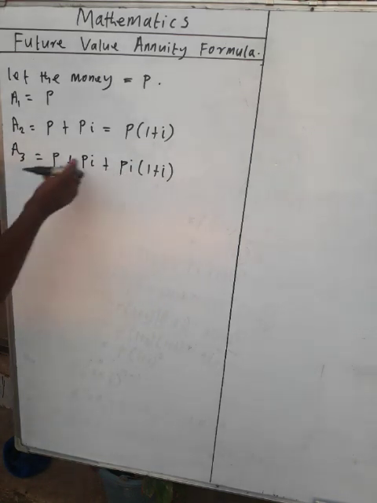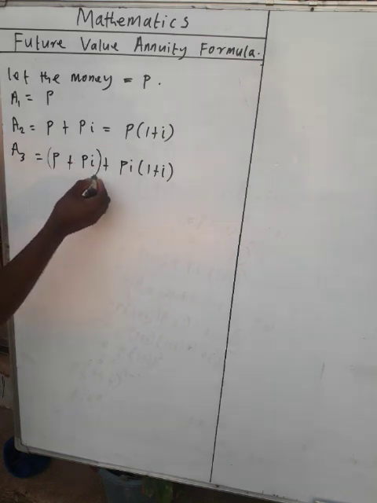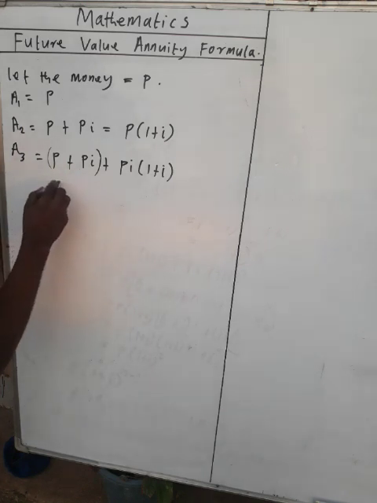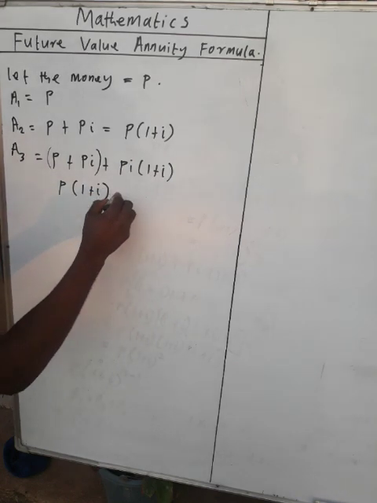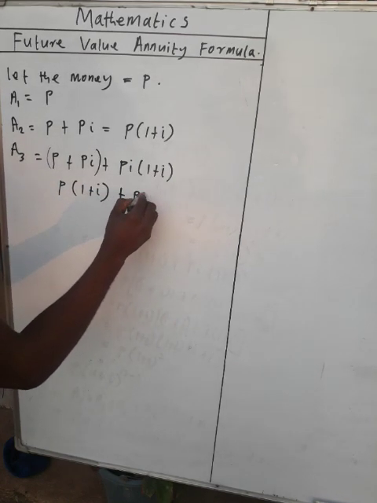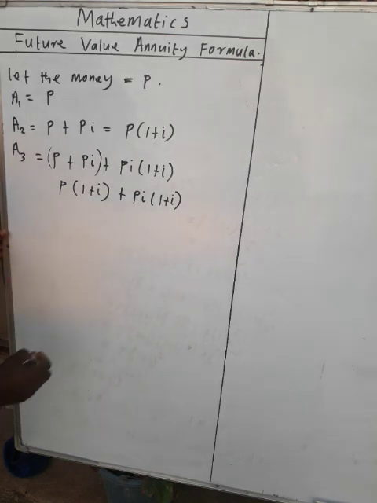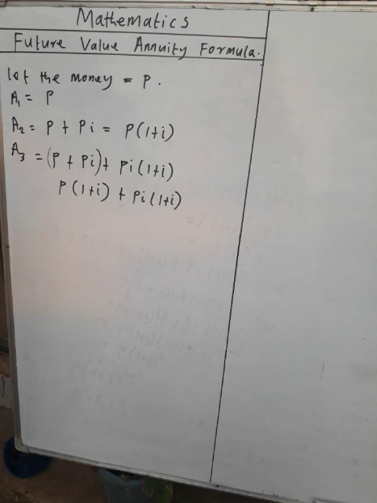So let me factorize this. Let me pair these two. If I factor out P from these two, I'll have P bracket 1 plus I. So this one is still PI bracket 1 plus I. There is P here, there is P here, so I'll factor out P again.